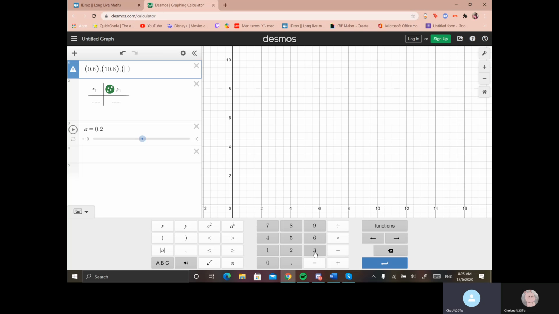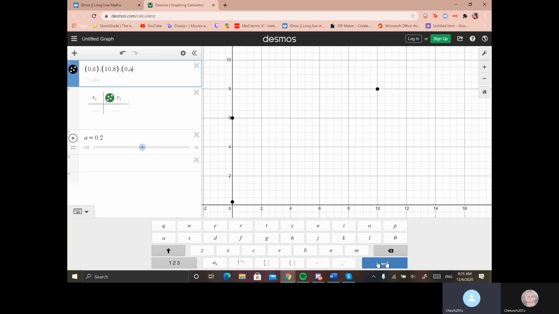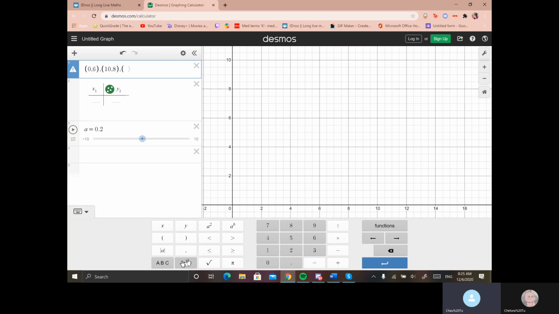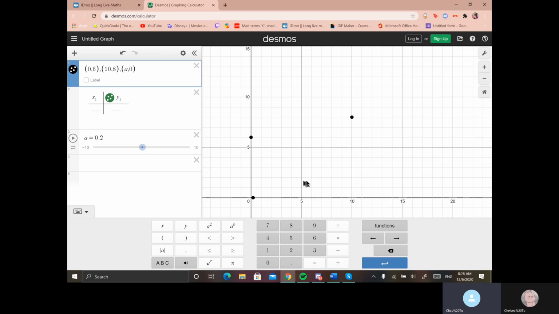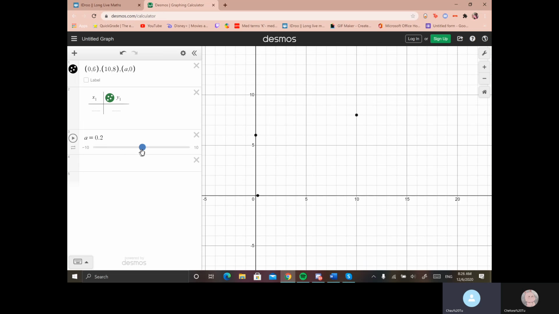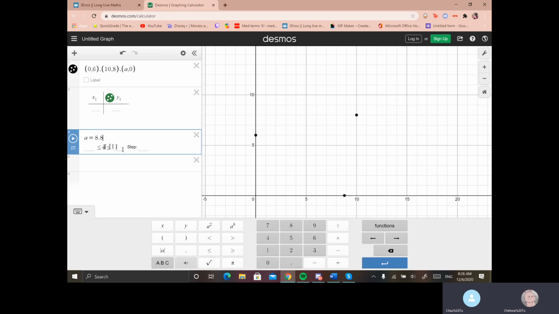It will have a height of 0 and it's A across. So A comma 0. Close bracket. So now slide A back and forth. Why is it going into the negative realm? Yeah, from 0 to 10.